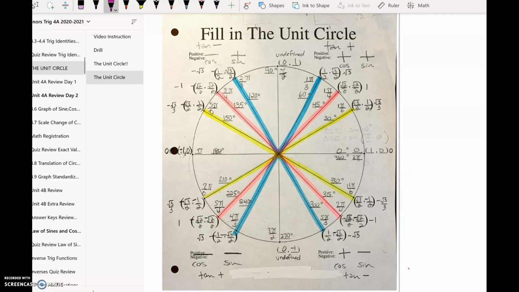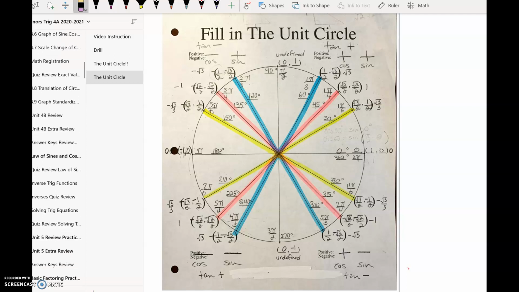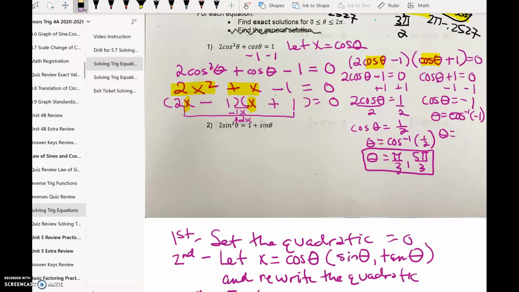Cosine is -1 right over here on the left of the unit circle at pi. It's the only place. So I can go back. Theta is equal to pi. And those are my 3 answers for that problem.